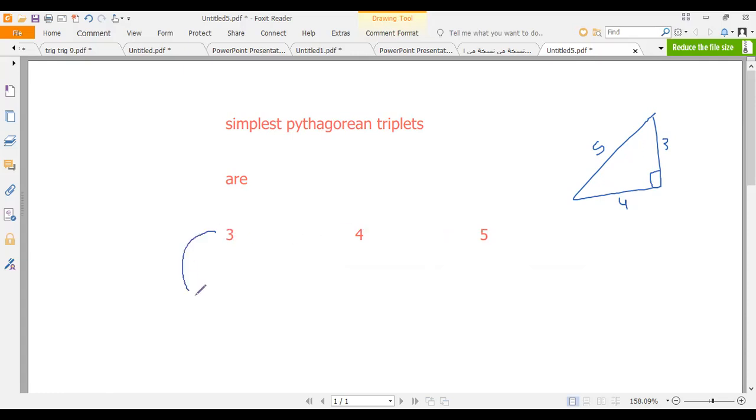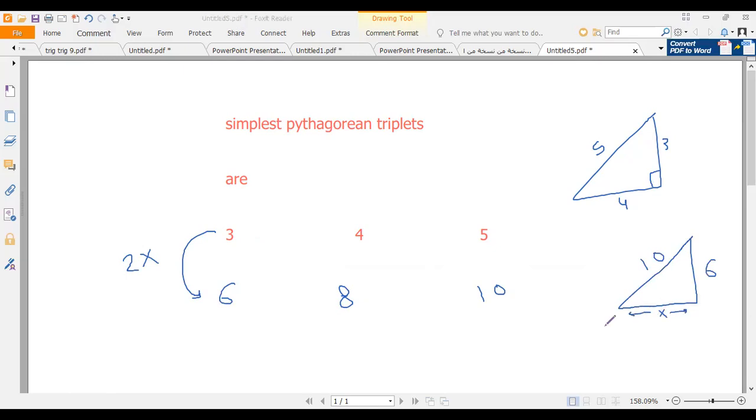If you multiply this ratio by 2, for example, you get 6, 8, and 10. Most of the questions in the exam will give you, for example, 10 and 6, and you want to find the third side.